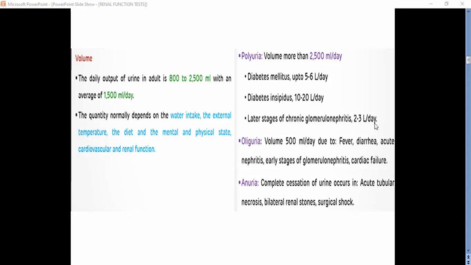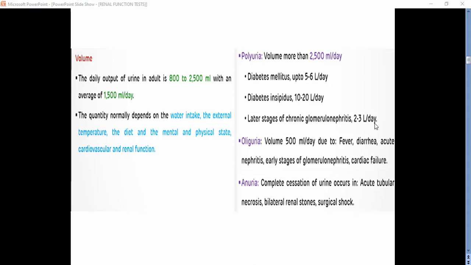And the second condition, oliguria. Here the volume is less than 500 ml per day. It is due to fever, diarrhea, acute nephritis, early stages of glomerulonephritis or cardiac failure. That is, a very small amount of urine is coming out. So we cannot conclude that this small amount of urine is due to kidney dysfunction, that his kidney is not working.